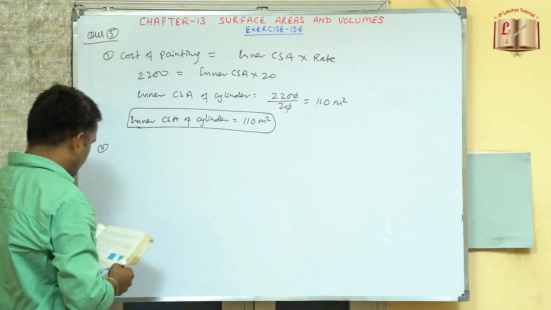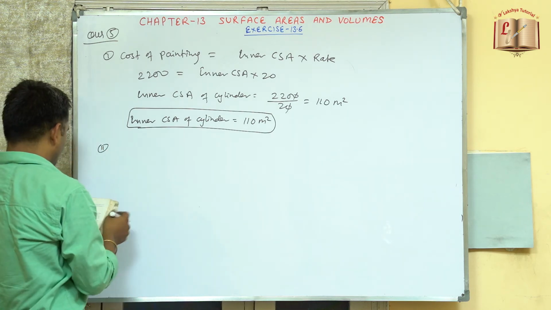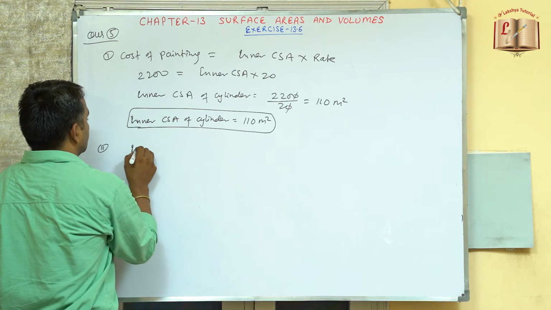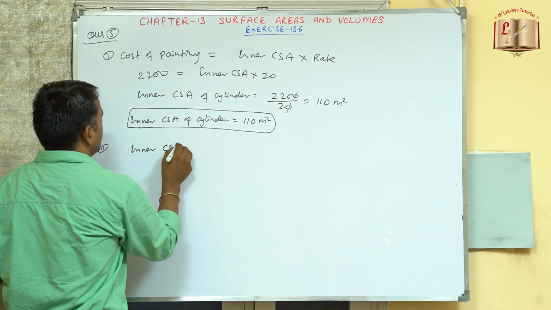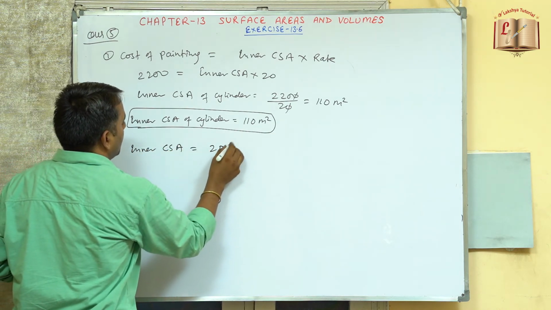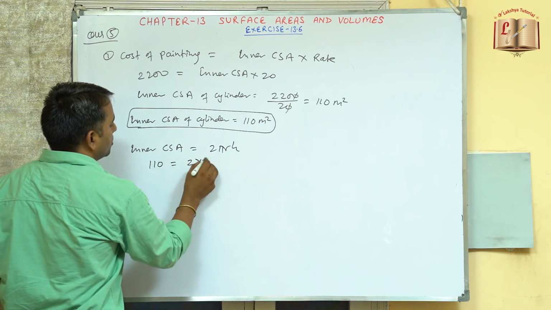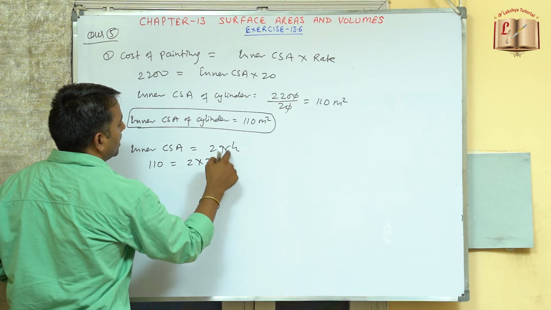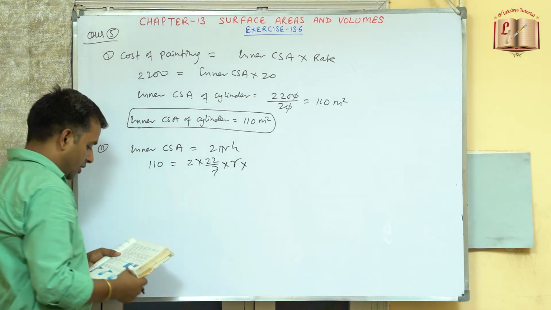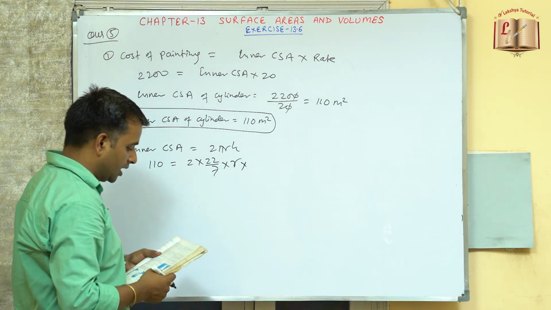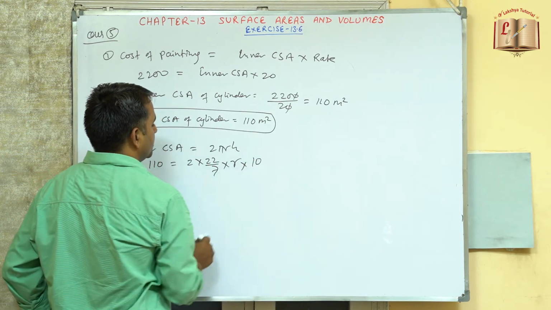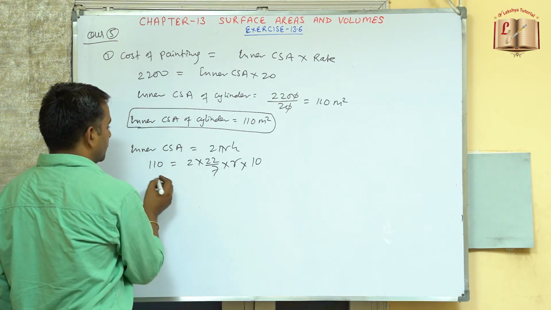Now coming to the second part, radius of the base we need to find out. So inner CSA, this will be 2 pi RH. So inner CSA is 110, so this will be equals to 2 into 22 by 7 into R we need to find out, and H is already given, this is 10 meters deep. So now we can find it out.